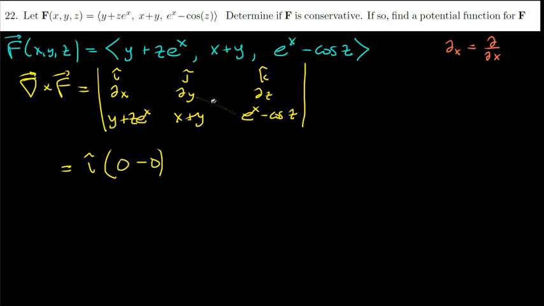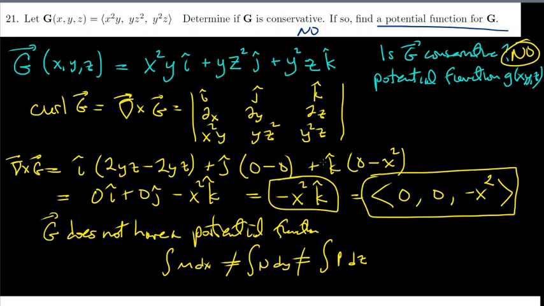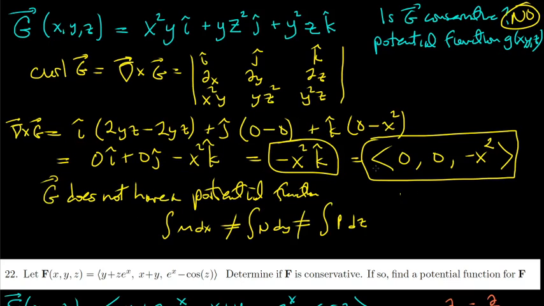All right, and now the j component, or the y component, with respect to z, this is just e to the x. And then with respect to x, this is e to the x. Okay, so that's 0. But remember in the last problem, if you assume, well, the first two are 0, the last one has to be 0, right? Nope, not necessarily, right?